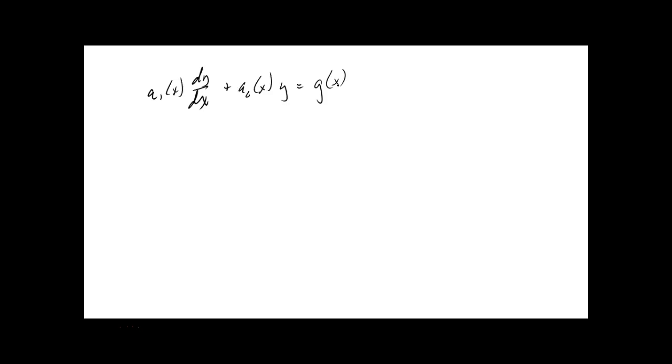Okay? Now, these a's here are what I call your coefficient functions. What I mean by that is the coefficient of your y terms, y and the derivative of y. But they're not pure number coefficients.